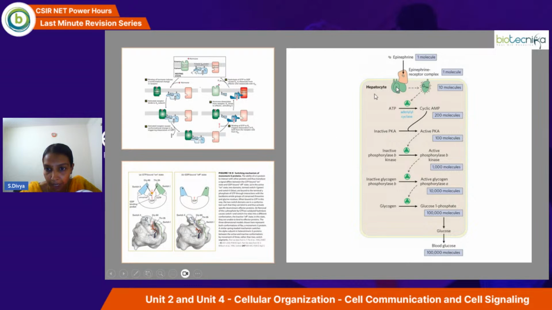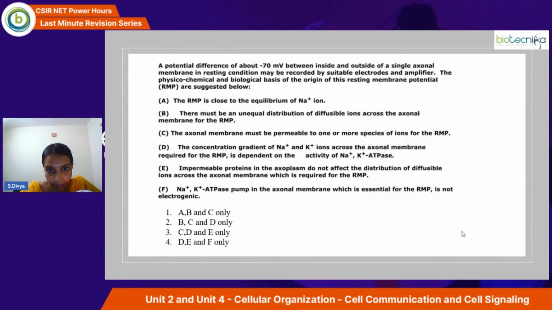Epinephrine binds to the receptor. ATP, AC activates the second messengers. Then it activates the protein kinases. Then the corresponding enzymes will be activated. Glucose will be produced, and this will increase the blood glucose level. Okay. I hope there is no confusion over here.